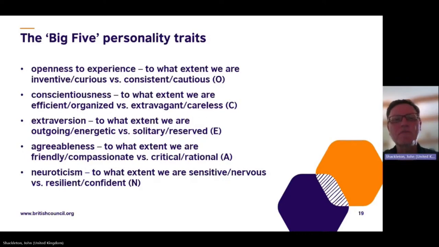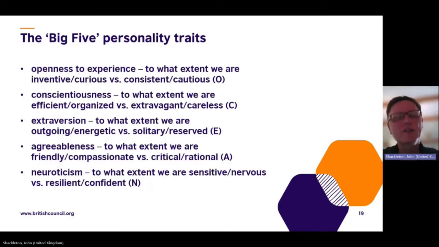Agreeableness. On the one hand, friendly, compassionate, very empathetic, looking for social harmony. At the other end of the scale, more rational, more driven by ideas, more critical, a cooler approach to how you relate to other people, as determined by your personality.